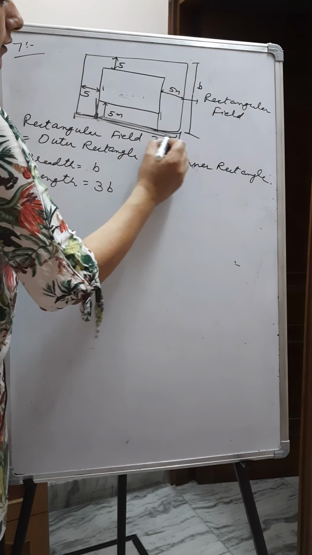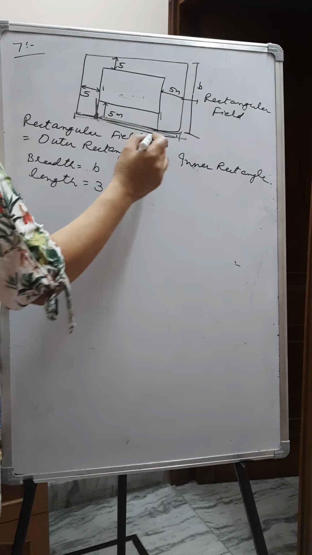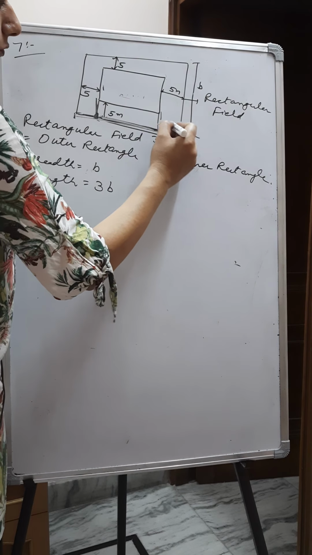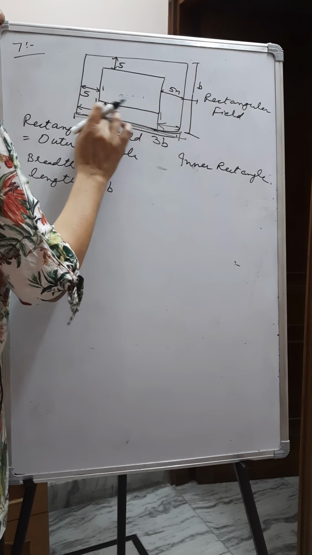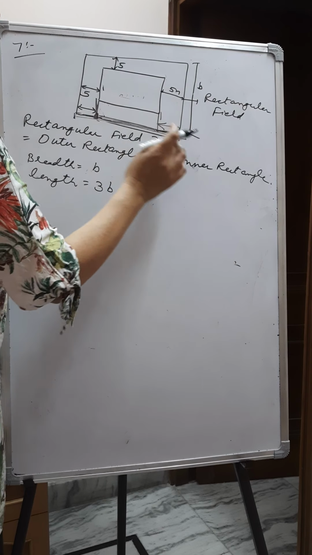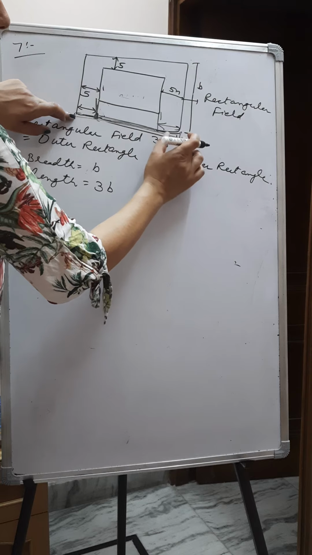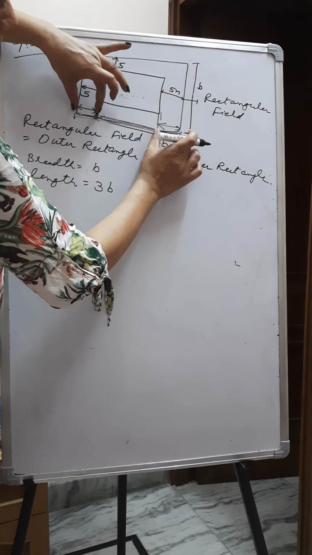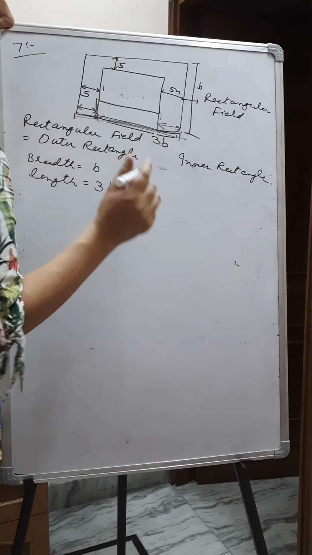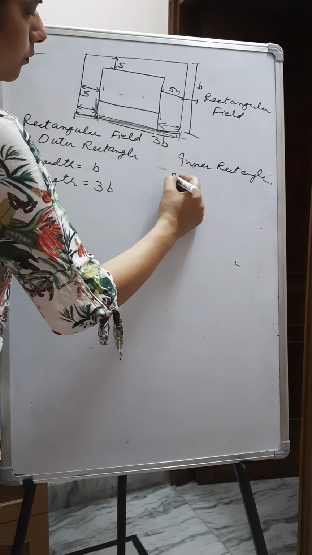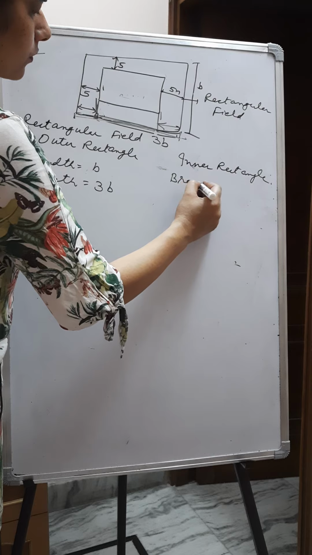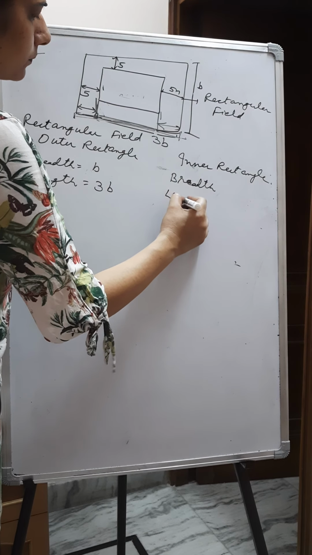We have this total distance 3b. From 3b, subtract this 5 and this 5 to get this distance. So inner breadth and length.